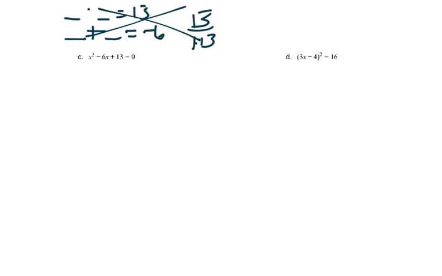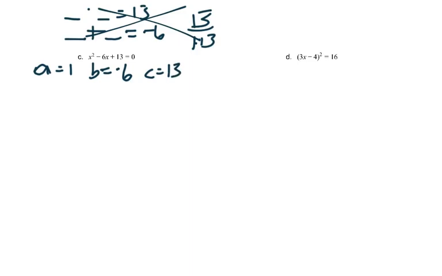So in C, I would start off by saying, can I find 2 things that multiply together to get 13 and add together to get negative 6? Well, the only things that multiply together to get 13 are 1 and 13. So that doesn't work so well because those don't add together to get negative 6. And when that happens, that means I have to use the quadratic formula. So this problem tells me that A is 1, B is negative 6, and C is 13.